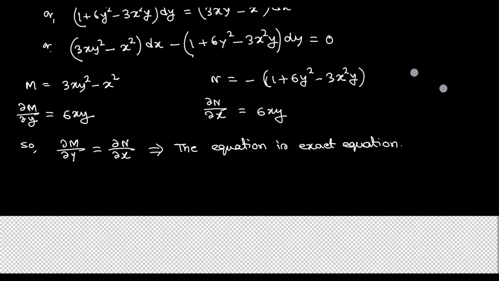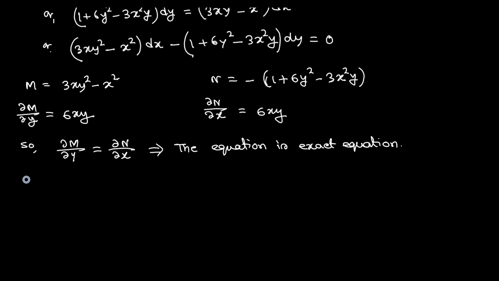Okay, so now we have to solve the equation. So the integration of M dx, what is M? This is our M. So integral of (3x y square minus x square) dx plus the integration of terms of N free from x.